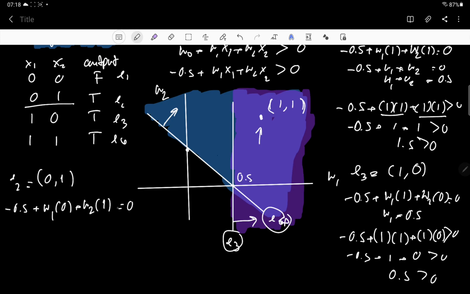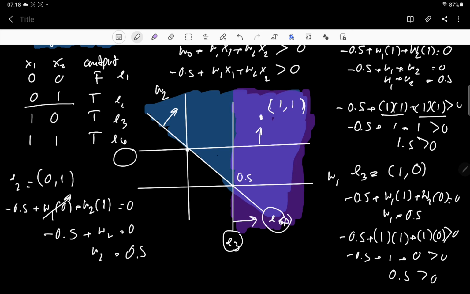So it must be greater than 0. This part is 0, so it will be minus 0.5 plus W2 greater than 0. So W2 is 0.5. So our line is here. W2 is 0.5. So this is E2.